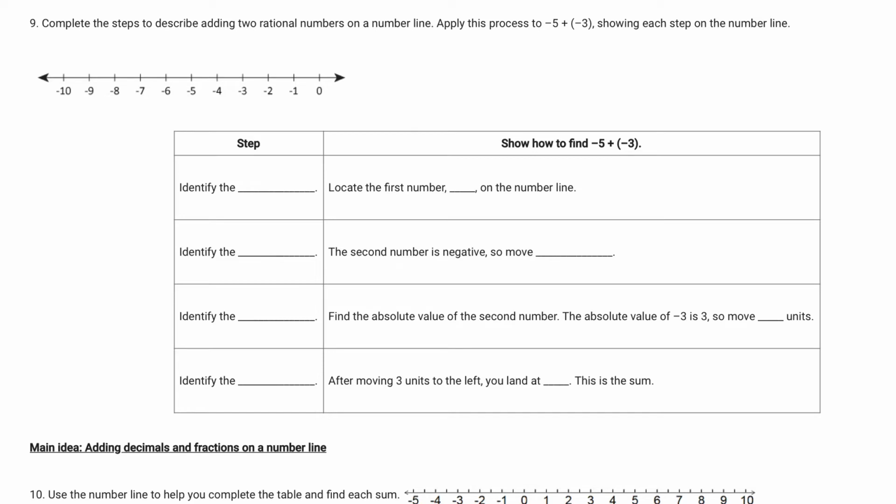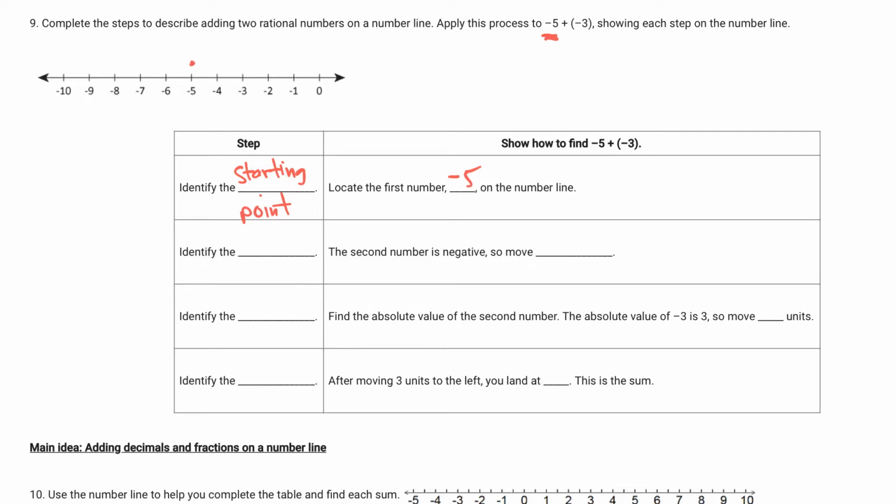Well, we have to identify the starting point. Locate the first number, which is negative 5. That's that number right there. And I've done that, negative 5. I've put a little dot on the number line there.